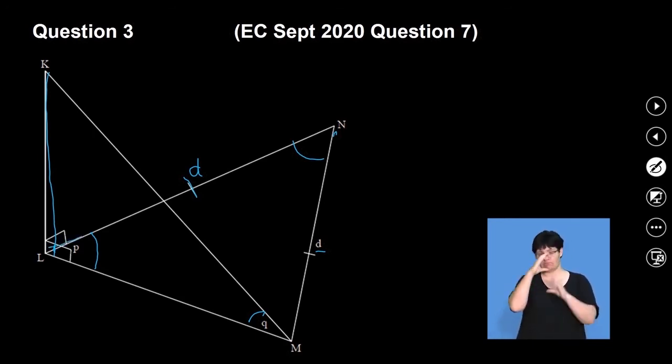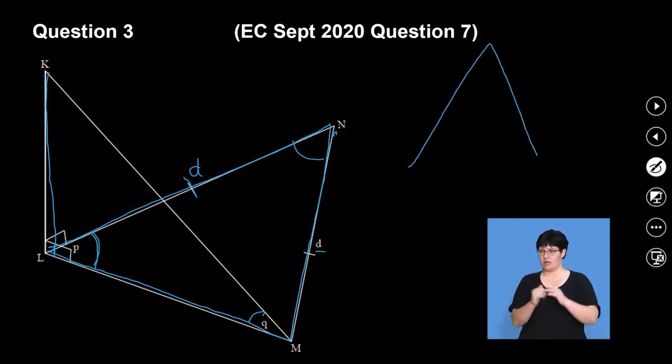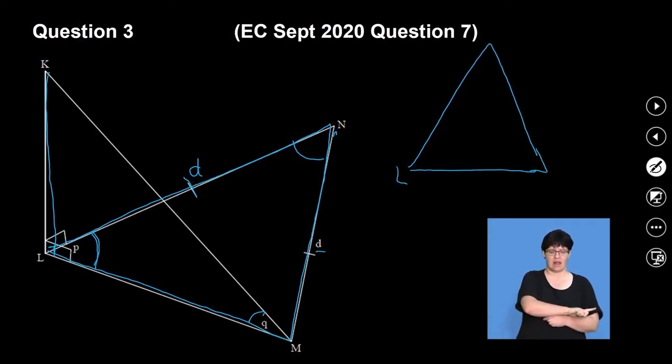So we're going to focus our attention on this triangle over here, which is on the horizontal plane, and it's triangle LMN. We know one of the angles in that triangle. To help us understand, I'm going to remove it from the diagram and draw it outside. So we have LNM. We know that this is angle P, and we know that those two sides are equal.